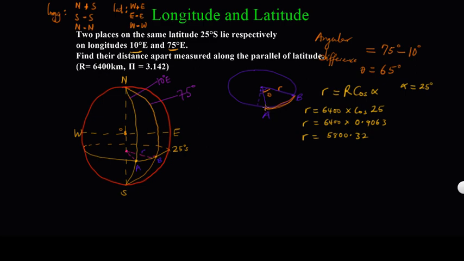So now our interest is the distance between the point A and B. If you look at this carefully, this is an arc.